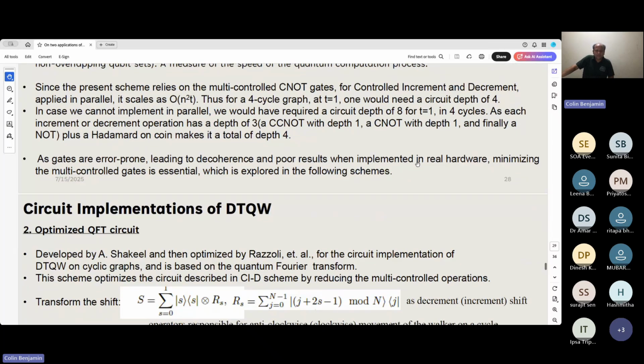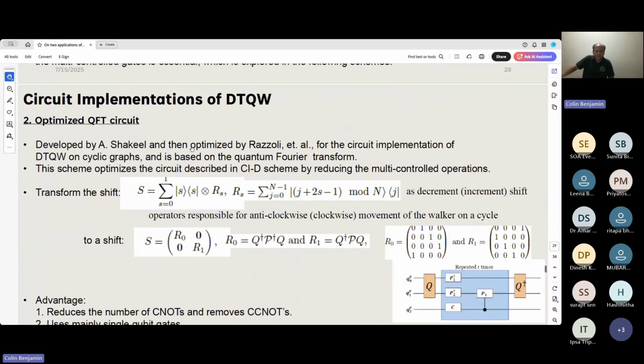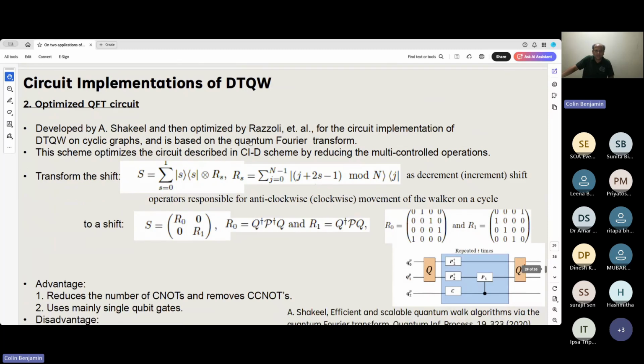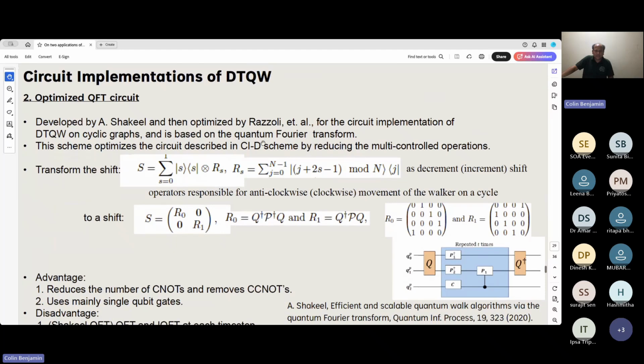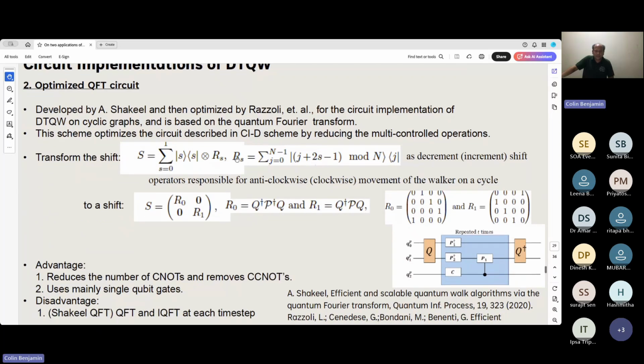The second proposal was developed by Shakil, and then it was optimized by Razzoli et al. And this was again for TTQW on cyclic graphs, but they only showed it for even cycle graphs. So what they do, by a nice twist, is change the shift operator by using some quantum Fourier transform operators, with which they diagonalize the shift operators.